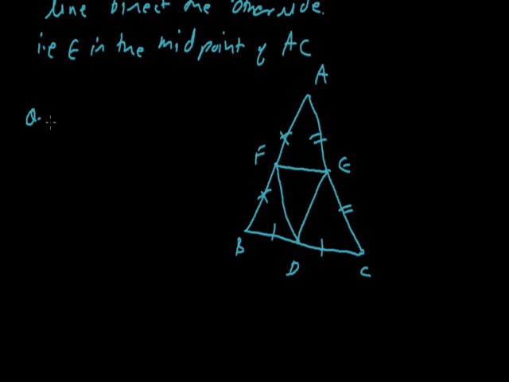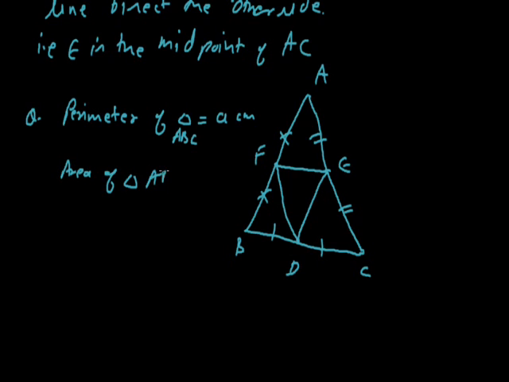DEF. Now in this question we have given the perimeter of triangle, let's say it be a centimeter, and it is also given that perimeter of triangle ABC is a centimeter, and let's say area of triangle ABC is given, let's say, b centimeter square.